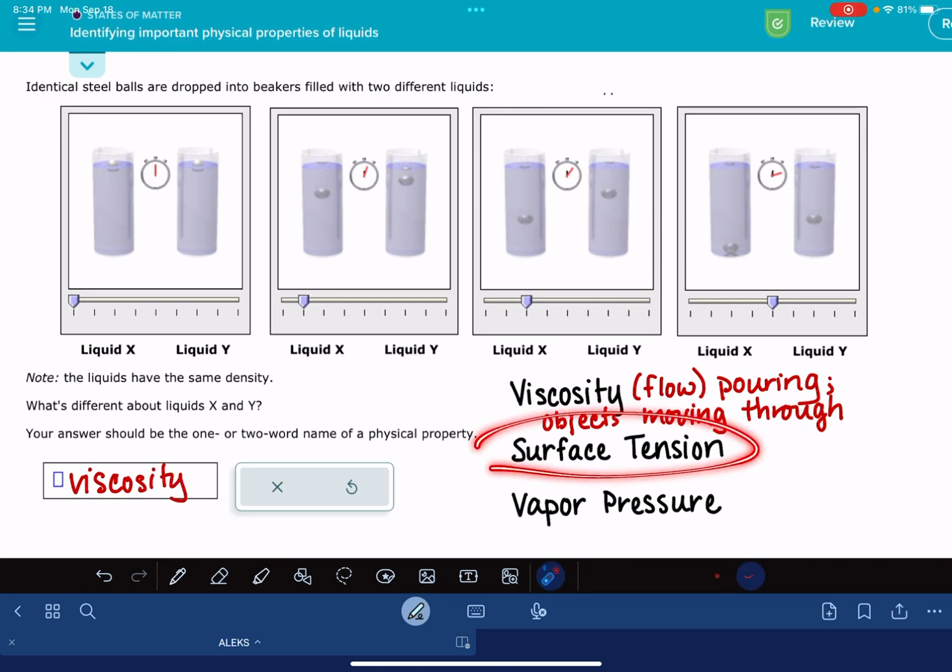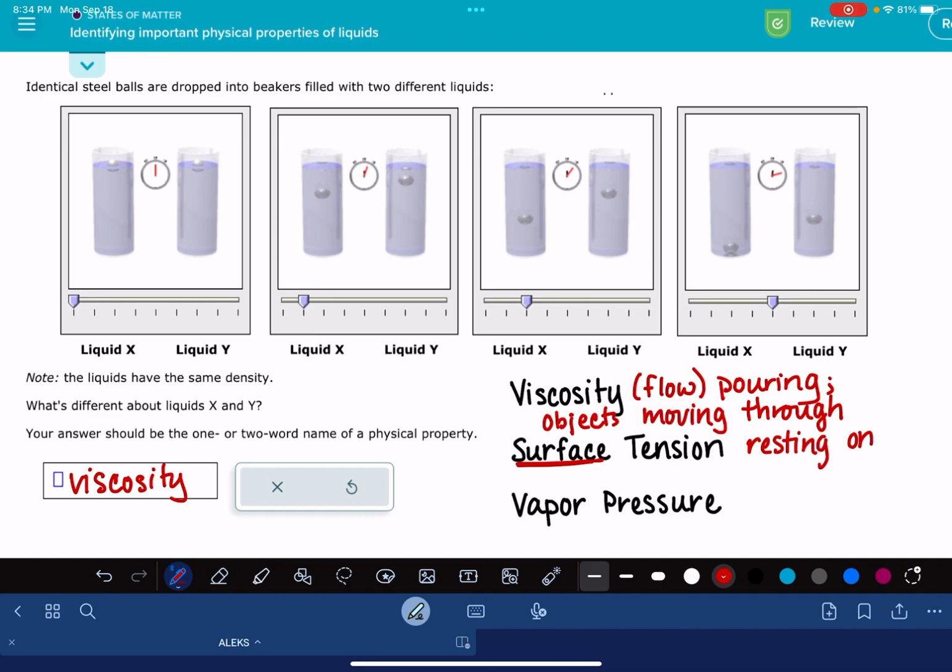Another option is that you might be comparing the surface tension of the two liquids, and surface tension is really giving you a comparison of the surface of the two liquids. So I saw one where an object was resting on the surface. It was a bug resting on the surface of a liquid.